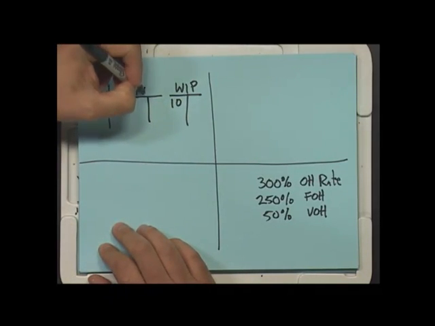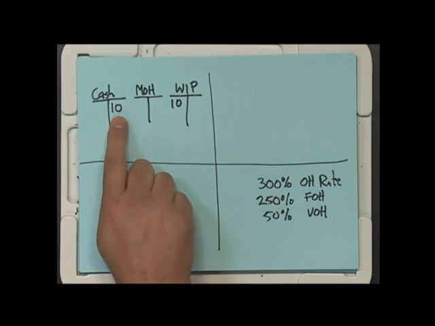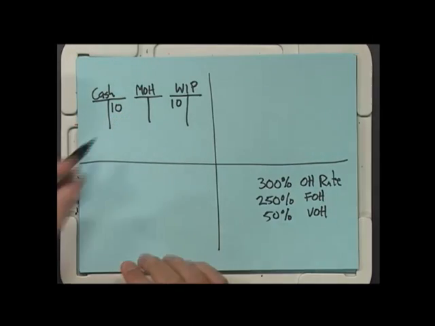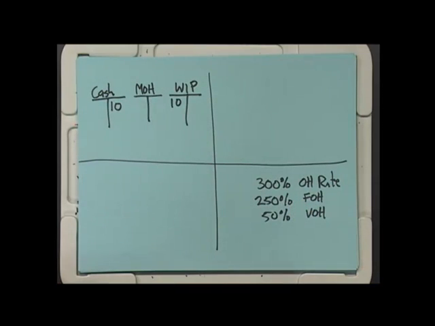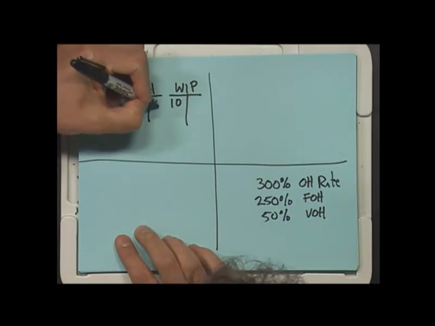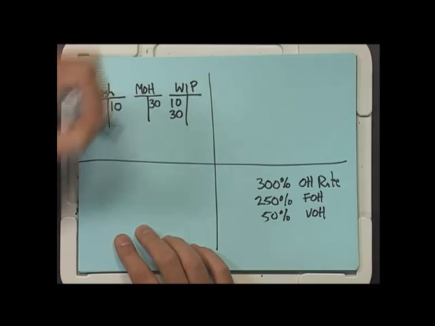We've got our manufacturing overhead account, and $10,000 of direct labor cost, which at a 300% rate means $30,000 of overhead that we are going to apply.